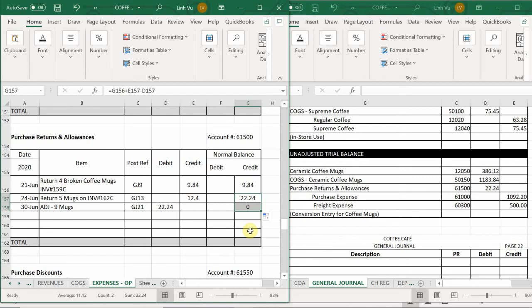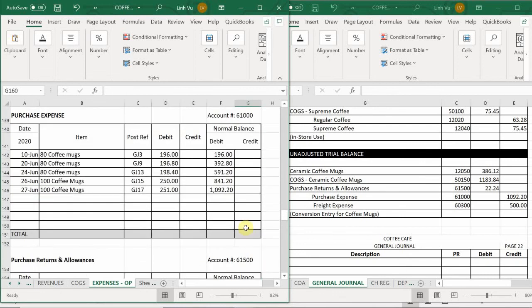So then what's our next account here? Purchase expense? Uh-huh.